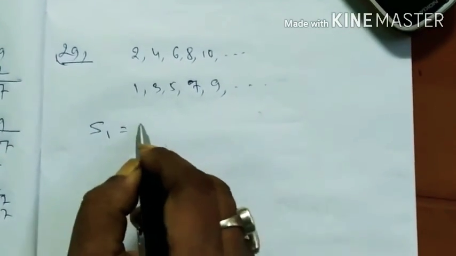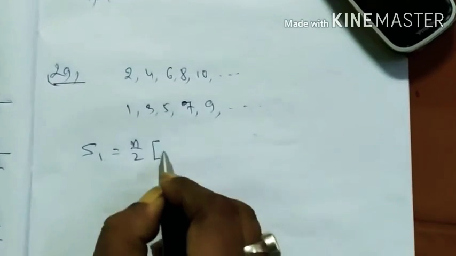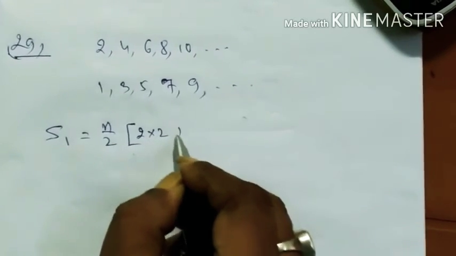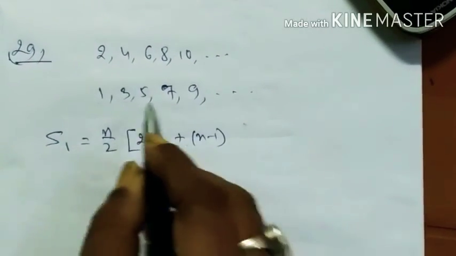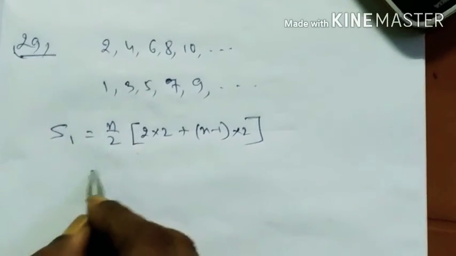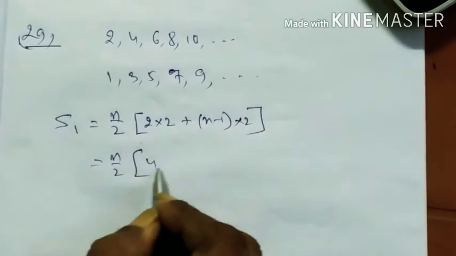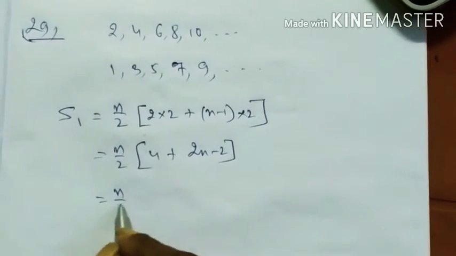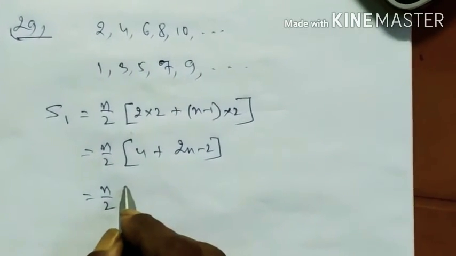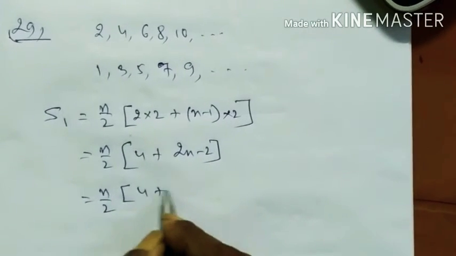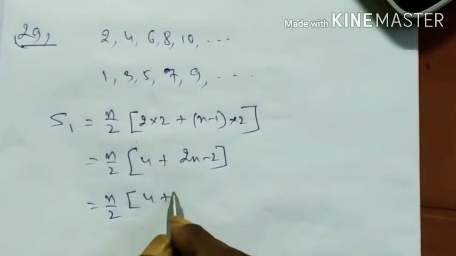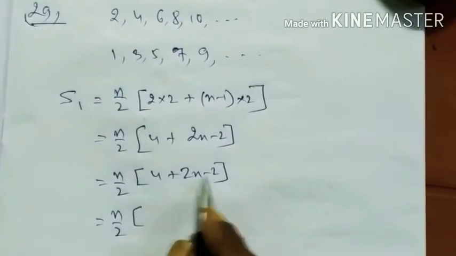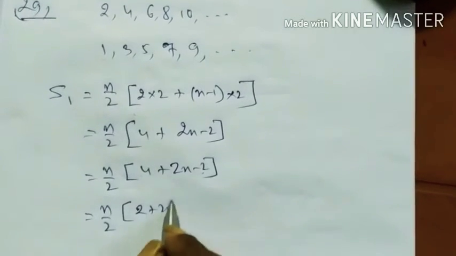So S1 is equal to n by 2 into 2 into A, your 2, plus n minus 1, common difference is 2. So n by 2 into 4 plus 2n minus 2. n by 2, this is 4 minus 2, this is 2 plus 2n.